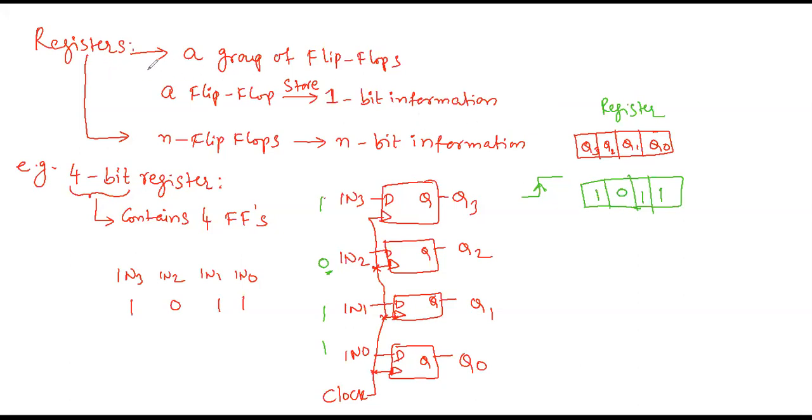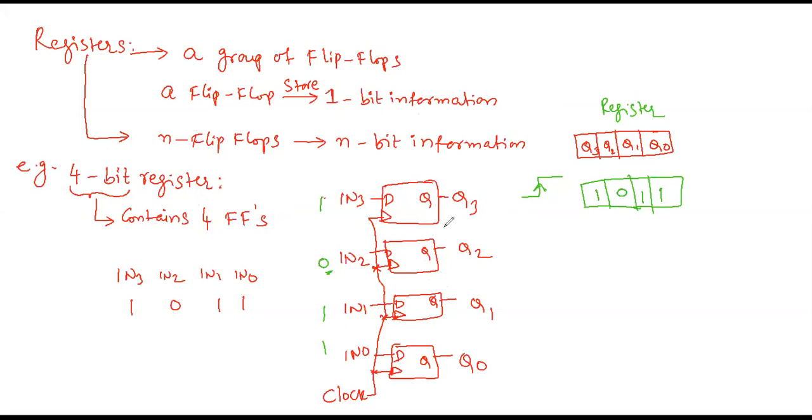So a register is nothing but a group of flip-flops, and a flip-flop is used to store 1 bit of information. A register with n flip-flops will store n bits of information. An example is a 4-bit register, which contains 4 flip-flops, and we have drawn one example here.